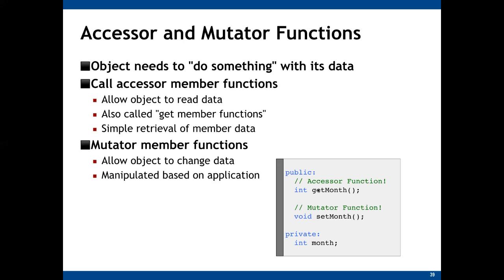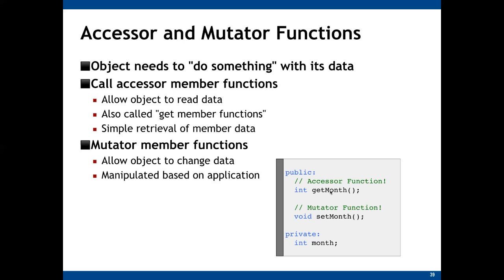So getMonth is an accessor, which is a public member function, and this function is for reading this month member variable and returning the value of this month member variable to the function caller.